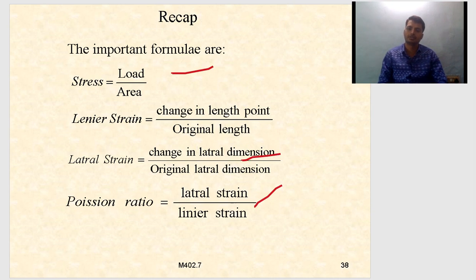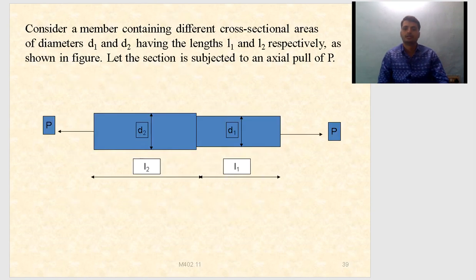So we'll recap what we learned: stress, strain, lateral strain, Poisson ratio. These are the topics I have covered. Now we have to know the different variations of composite materials. This is rod 1 and this is rod 2. Using a combination of two rods, what is the load we are calculating?